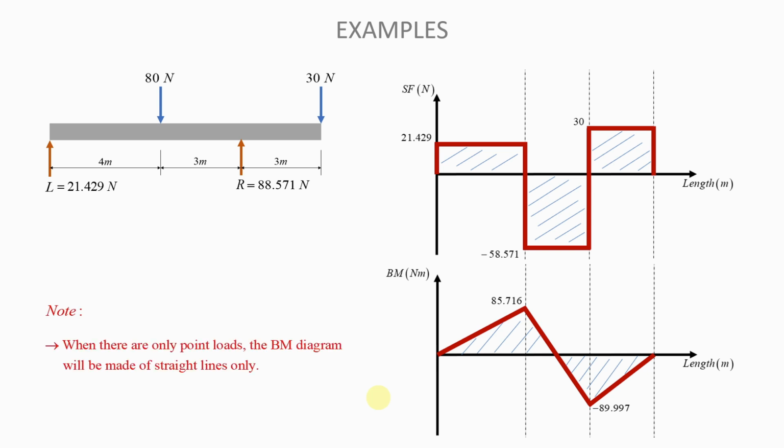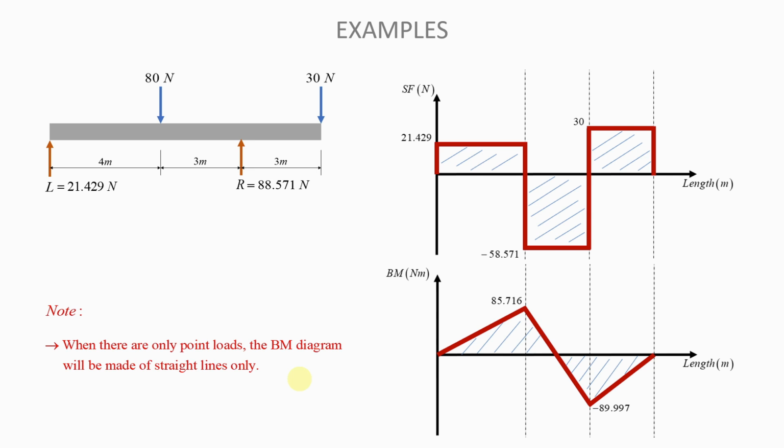Okay, the first one is that when you only have point loads acting on the beam, your bending moment diagram will just be made of straight lines. Okay, somebody will say, what do you mean it will just be made of straight lines? I mean that you won't have a curve in your bending moment diagram, because as we will see very shortly, sometimes you can have a certain kind of load acting on the beam that will create a curve on the bending moment diagram.